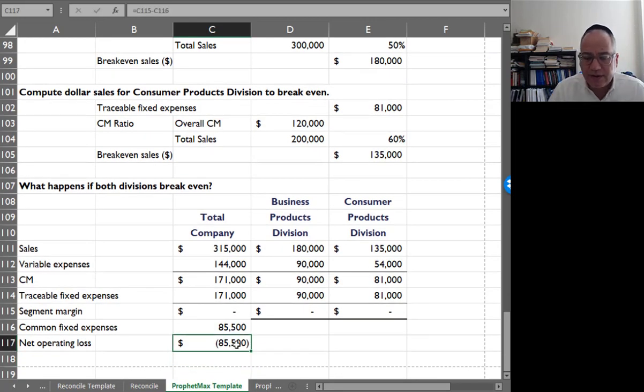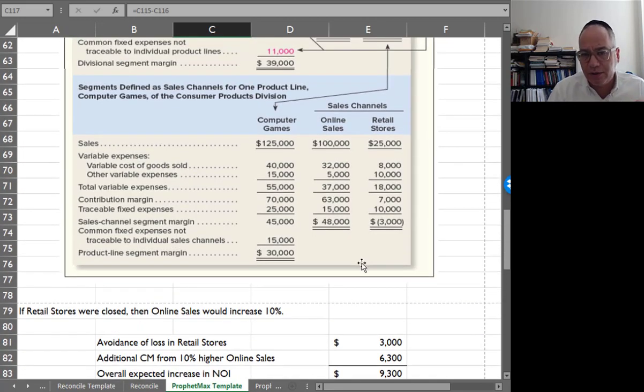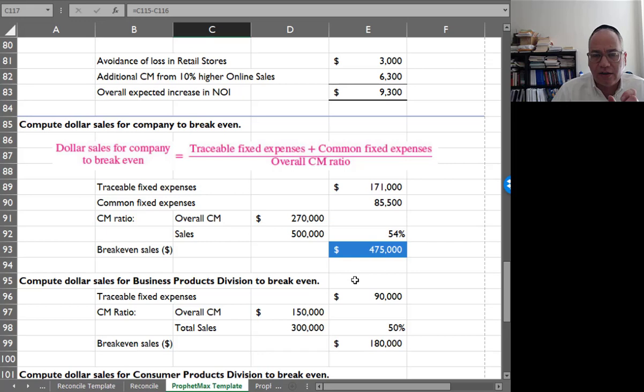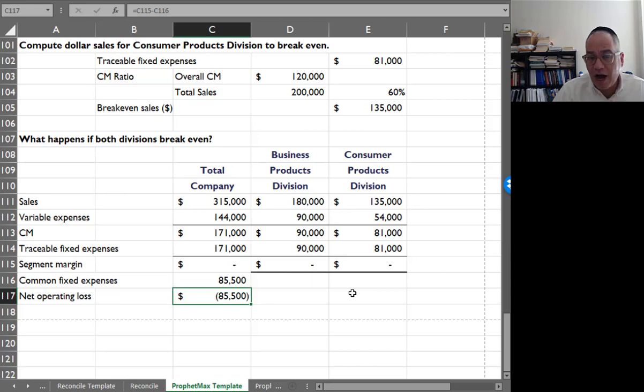So what this is saying is that even though each division needs to cover its traceable fixed costs, that's not enough, because you still need to cover your common costs. And if you only cover the traceable fixed costs and not the common fixed costs, then you're going to lose money.